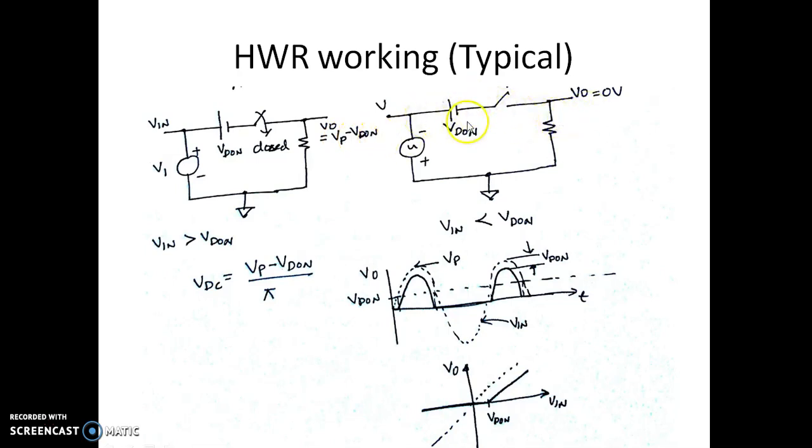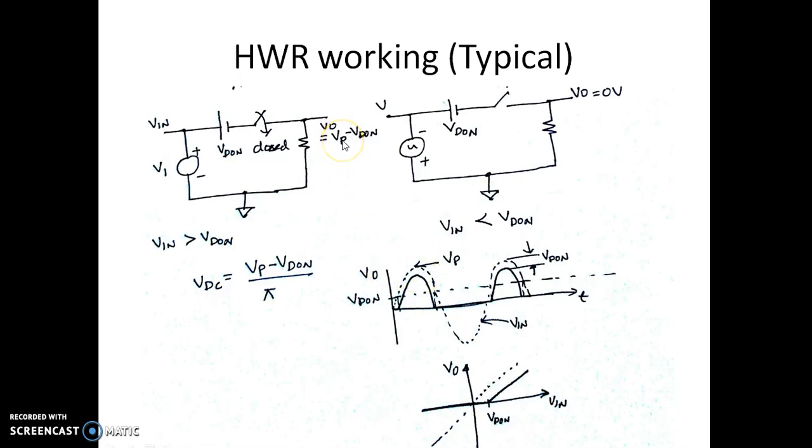During the negative half cycle, when the diode is off, that is, the switch is open, the output voltage is always 0. That's what you can see here. Till the input voltage reaches VD on, the output voltage is 0. As the input voltage exceeds VD on, the switch closes, but the output voltage is less than the input voltage by a magnitude of VD on.